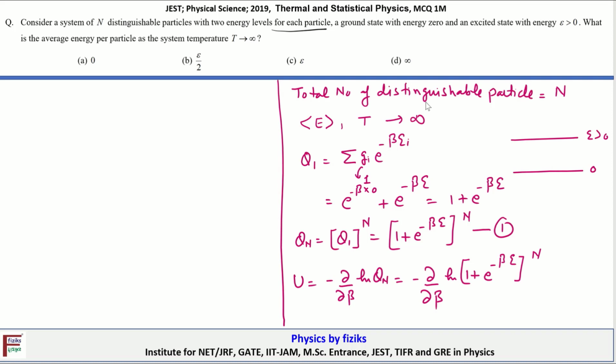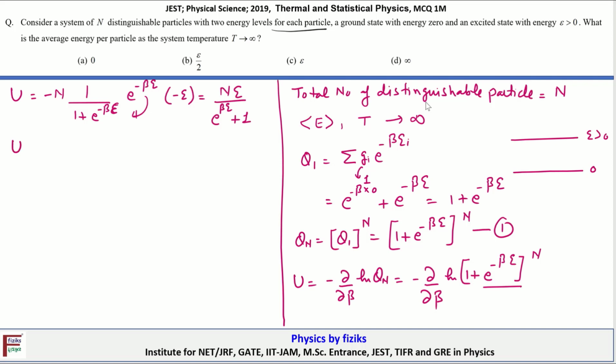It comes out to be U, the total average energy of n particles, equal to minus n, then the derivative of the logarithmic term, which is 1 upon 1 plus exponential minus beta E, then the derivative of the exponential term with respect to beta, which gives exponential minus beta E, and another derivative with respect to beta gives a minus E. So the average energy, with the minus becoming plus, is nE, and taking the exponential function into the denominator, it is equal to nE upon exponential beta E plus 1. So this is the average energy for n particles.